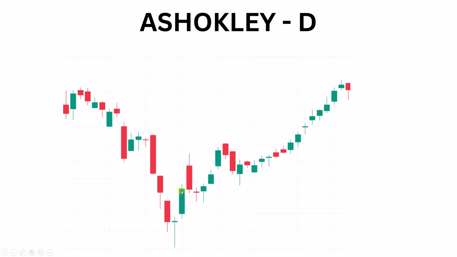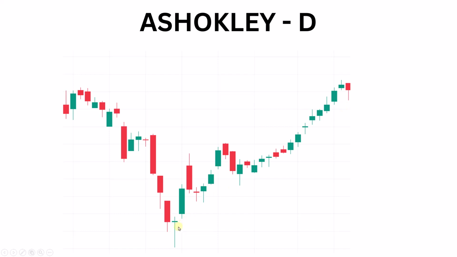This is one of the patterns that we had learnt, and this is a bullish reversal pattern, correct? So you can use this as a standalone pattern, or you can consider this and take a trade and earn some profit.